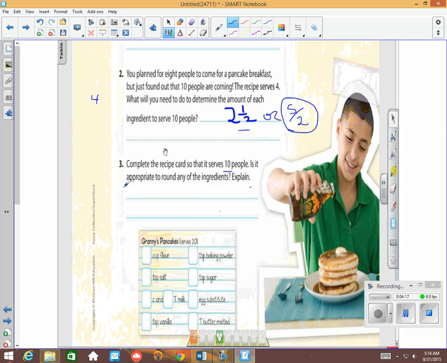How are we changing it? 5 over 2. Now 1 times 5 is 5, and 2 times 4 is 8. Just multiply straight across, and the answer is 5/8. Now you finish.